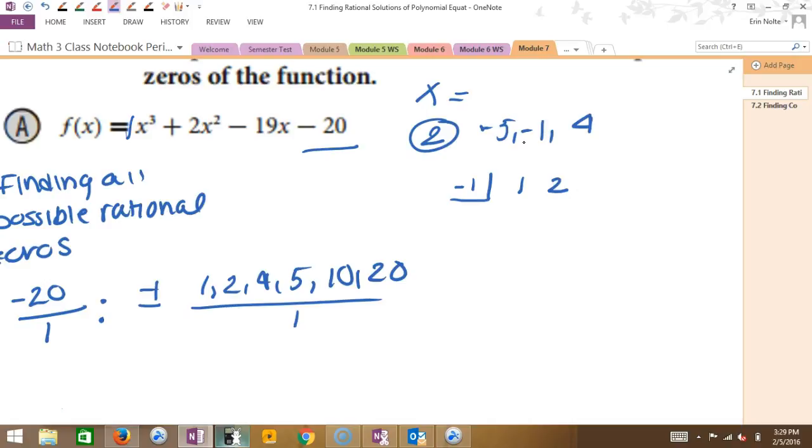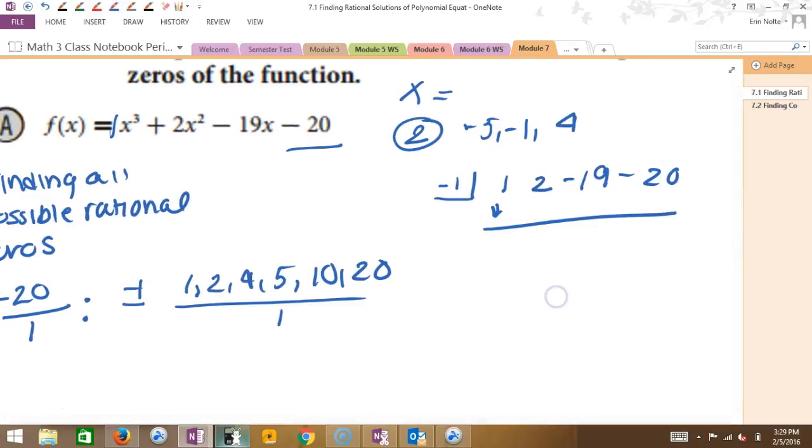Good question. So what is my synthetic division going to look like here? I'm going to have 1, -1, 1, -1, and then plus 20. Guess what? I got a remainder of 0.